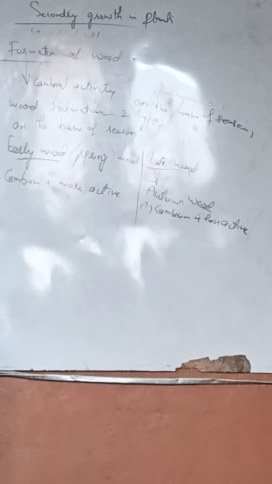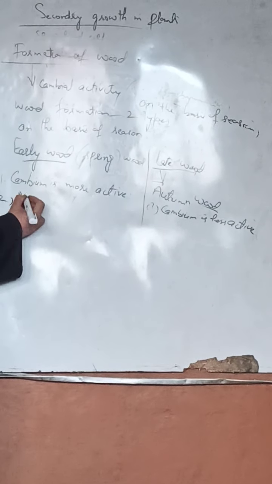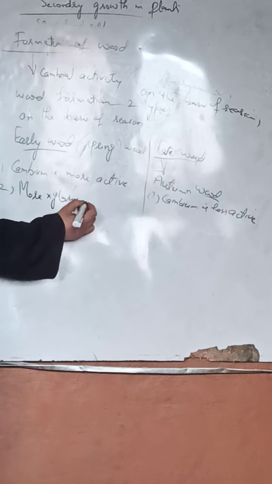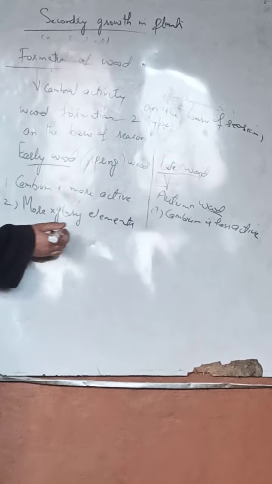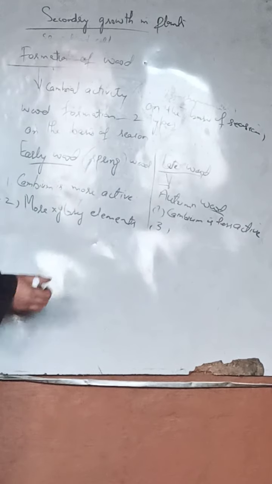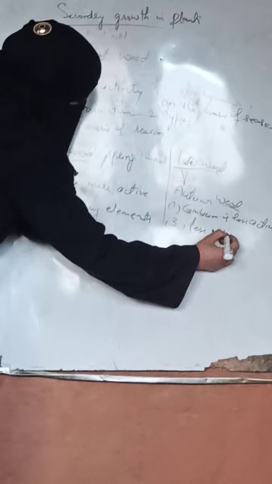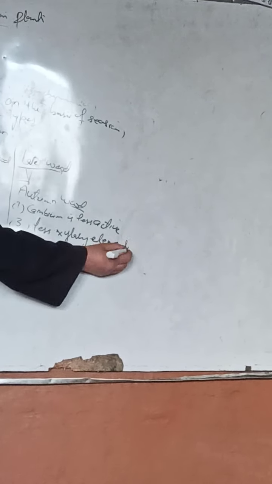In early wood, there are more xylem elements. In case of late wood, there are fewer xylem elements.